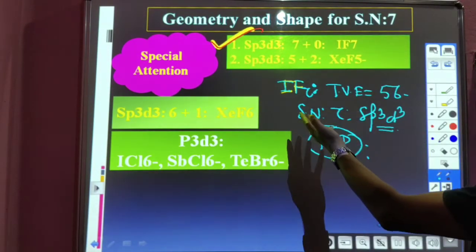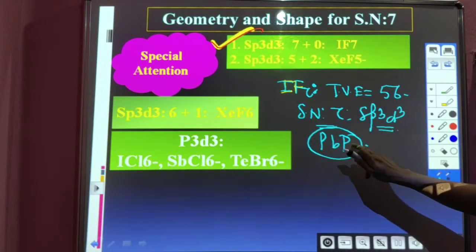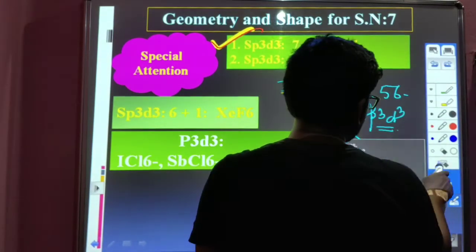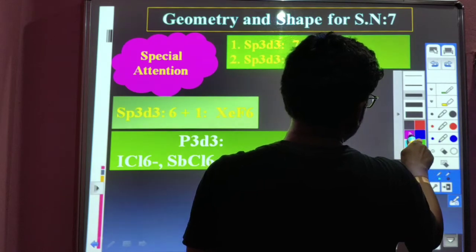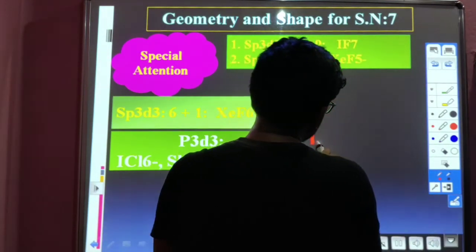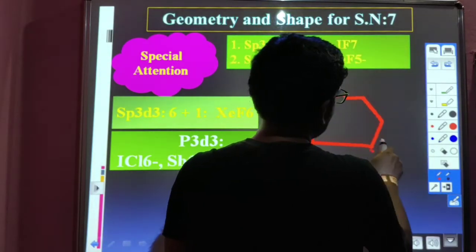So how can we show the shape of this one, pentagonal bipyramidal? Okay, let me draw it first. This is the pentagon.